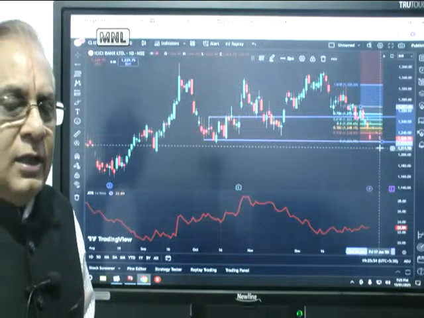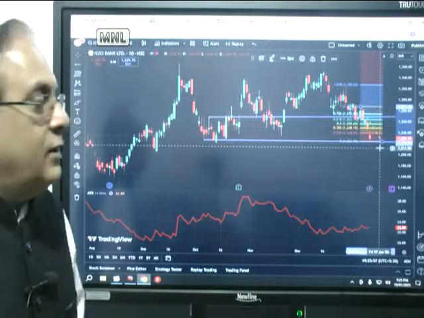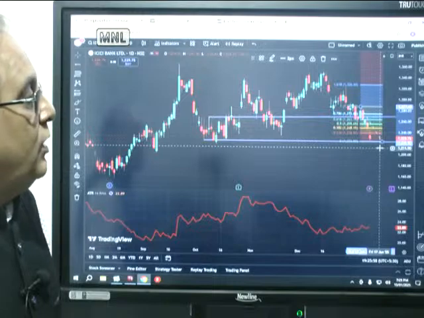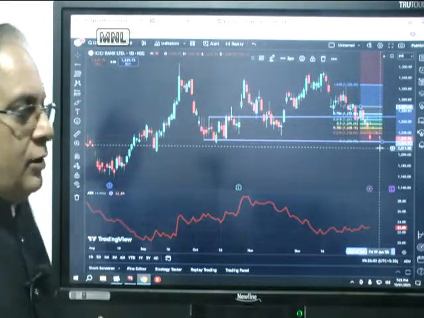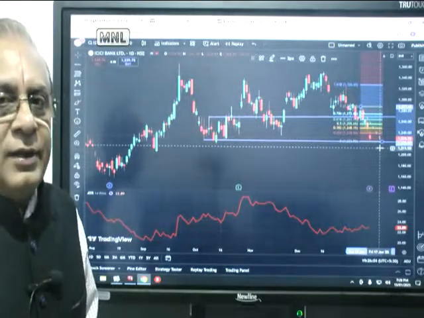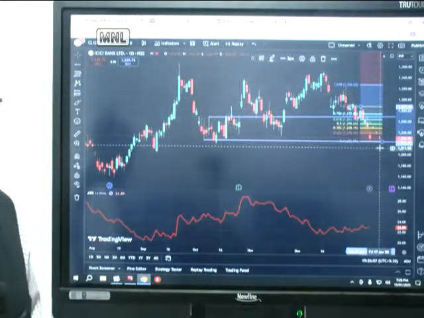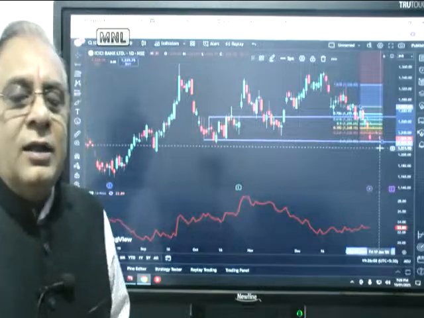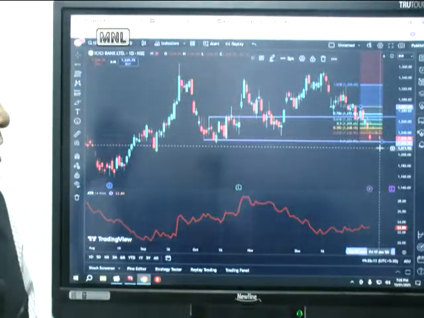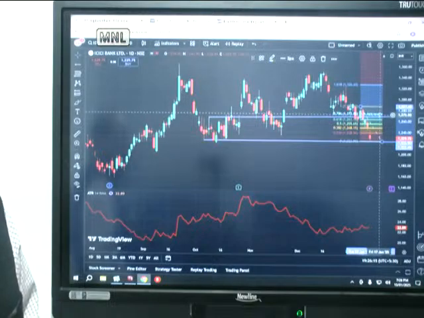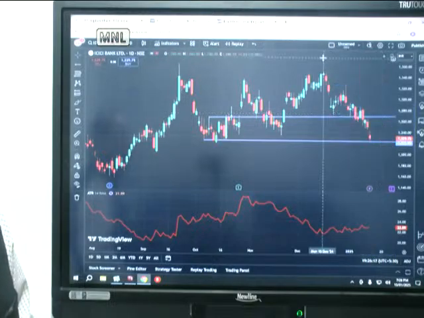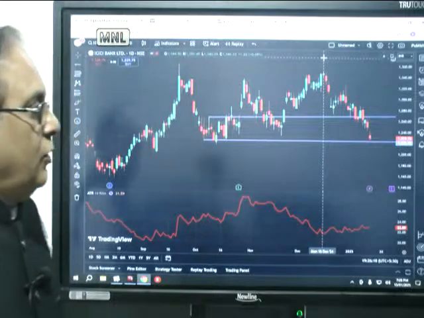That is where the 61.8 and 78.6% retracement comes. So from the chart also, it looks as if 1265 has to be cleared. So wait to see how the market reacts closer to 1265, and then you can look towards going long if it starts breaking 1265. So this is the analysis as far as ICICI is concerned, based on the normal chart.